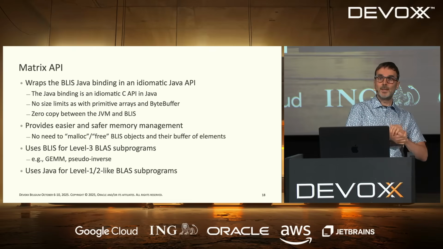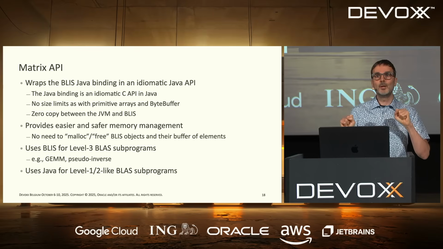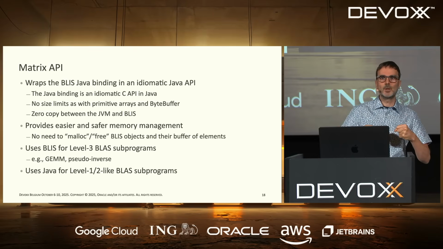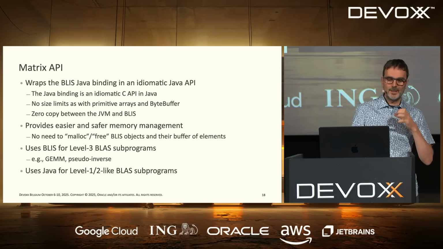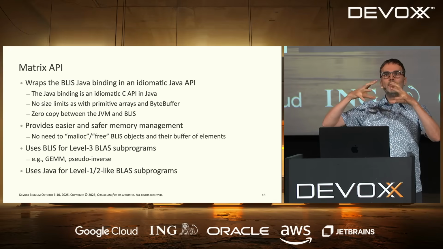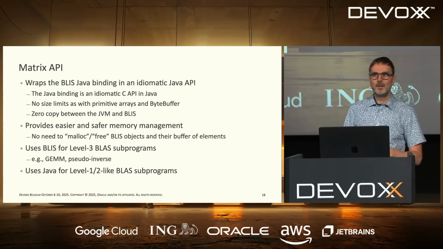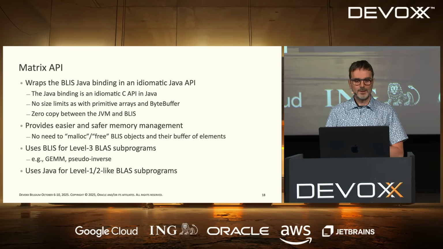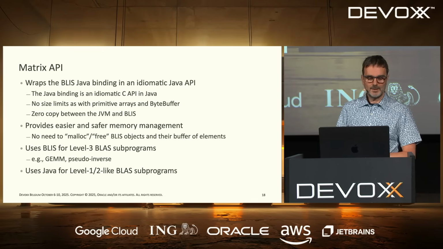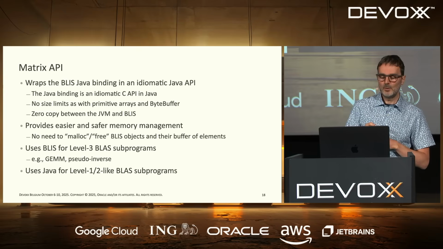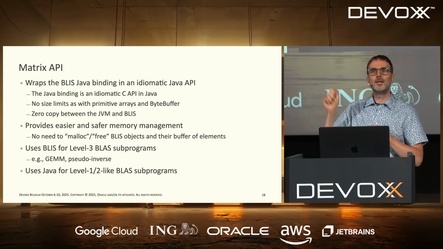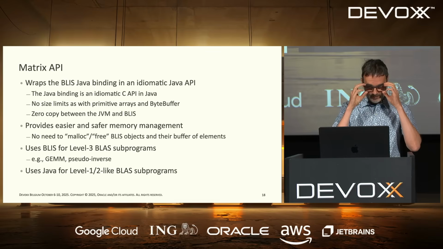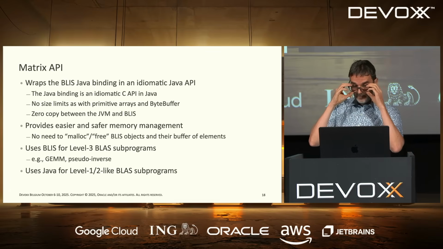And so we can use Bliss for the level 3 BLAS subprograms that are the ones that require a lot of engineering to get right and be performant, both on large matrices and skinny matrices and all the kinds of things you might have to input into this. It's great for this, great for pseudo-inverse as well, but it's not so great for the level 2 BLAS subprograms that don't do this sort of O(N^3) kind of operations, but they're sort of O(N) or O(1) or something like that.